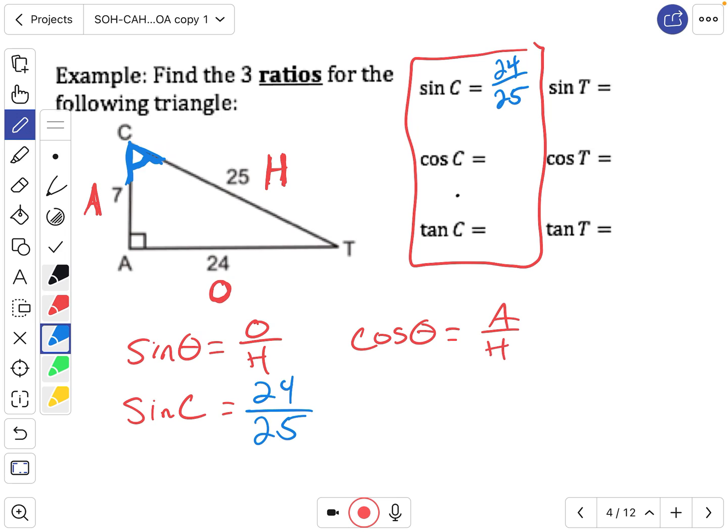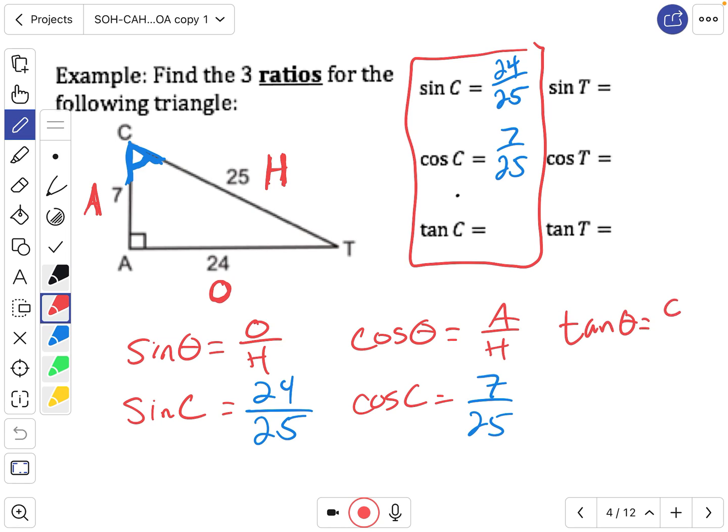The cosine of any angle, remember, is the adjacent over hypotenuse. So in this case, we'd say the cosine of angle C is the adjacent side, which is 7, divided by the hypotenuse, which is 25. Again, we cannot reduce, so 7 over 25 would be the cosine of C. And then lastly, the tangent of any angle, remember, is the opposite over adjacent.